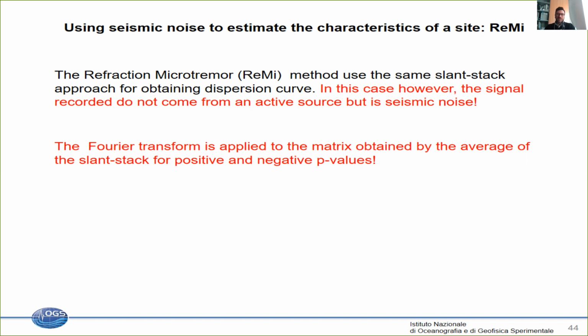In general, since the source is not in line with the geophones, this method may suffer from a non-homogeneous distribution of noise sources that can bias the results of your velocity analysis. So nowadays we are not so keen to suggest using seismic noise in this way.